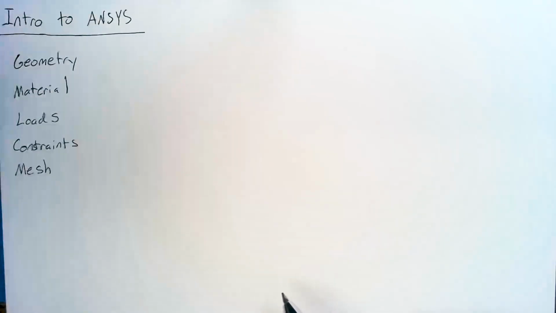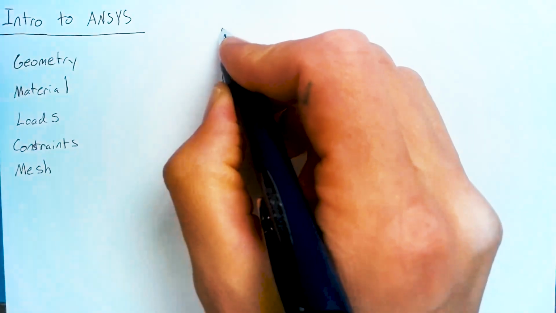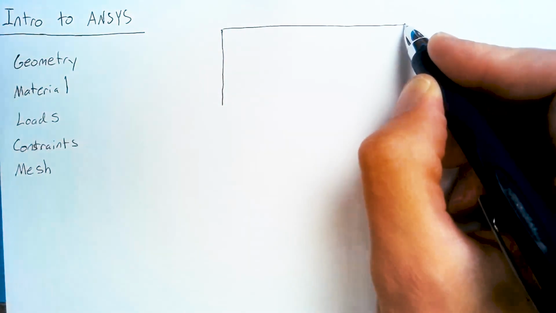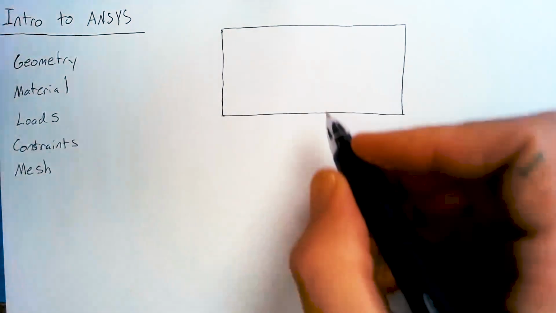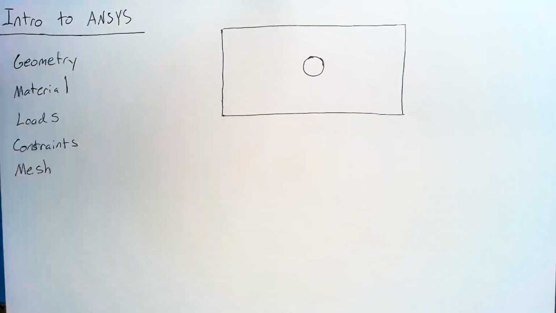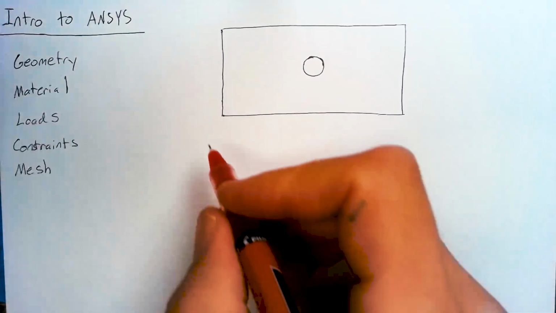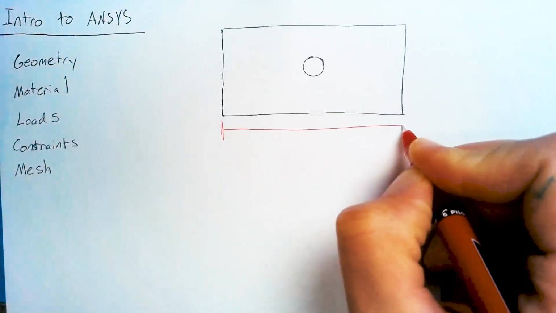All right, for our geometry, we're going to look at a pretty common problem, but this is just going to be a flat plate that has a hole cut out of it. And we're going to need to be able to dimension this, right? Everything needs to be known about this object.